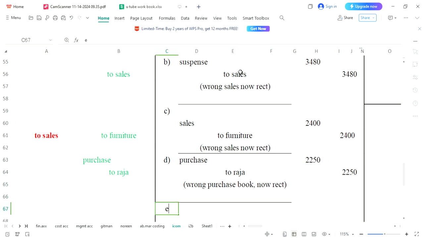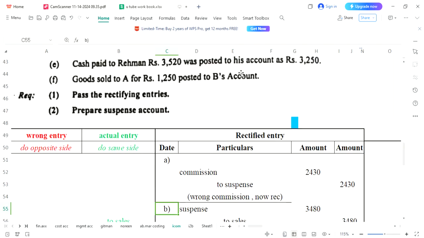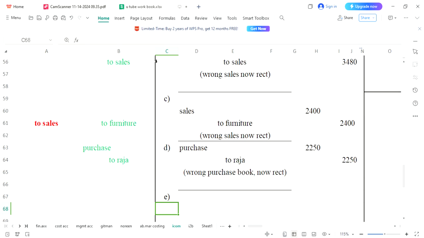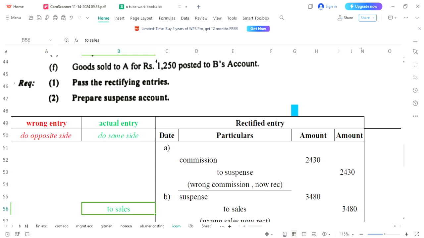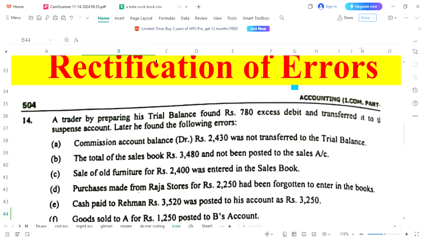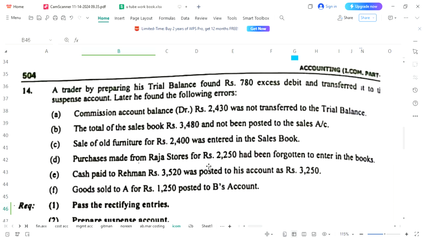Let's see E entry. Cash paid to Rahman. Okay, cash is going out, so Rahman to cash is our original entry. Rahman to cash was posted to his.